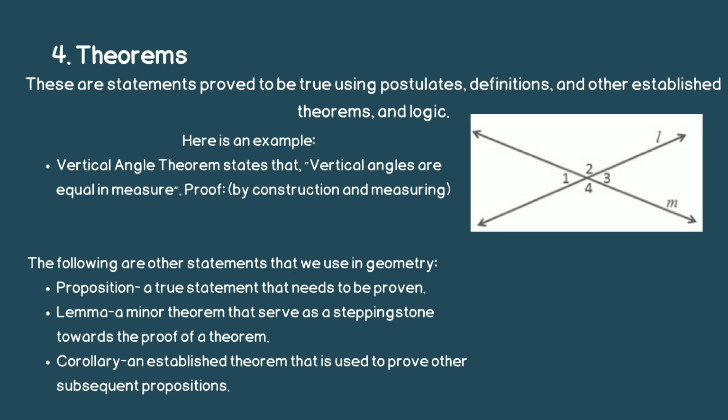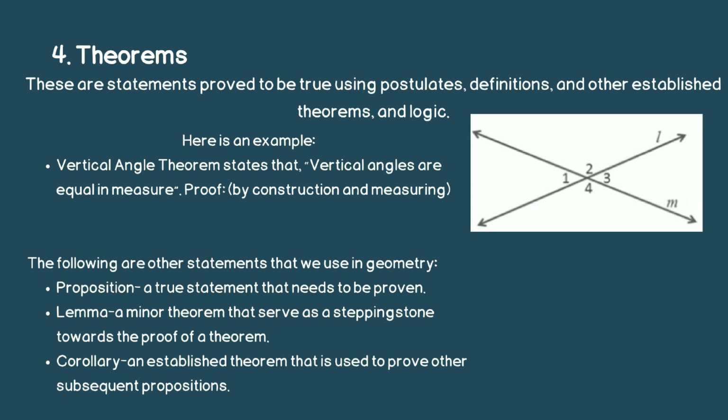Theorem is another component of the mathematical system. Theorems are statements proved to be true using postulates, definitions, and other established theorems and logic. An example of a theorem is the vertical angle theorem, which states that vertical angles are equal in measure. The proof for this theorem is by construction and measuring.